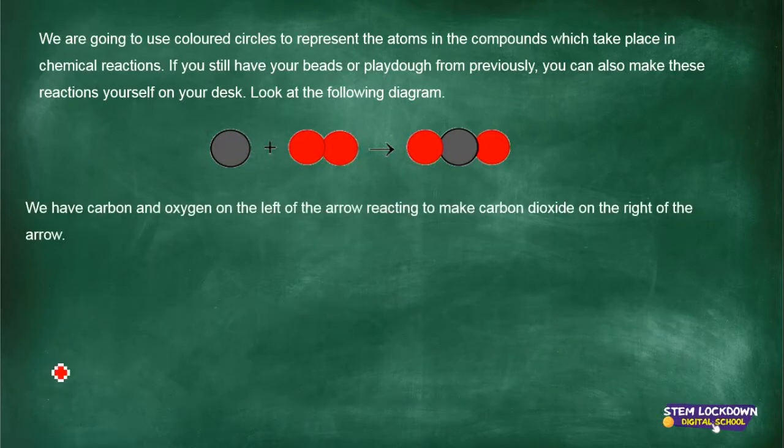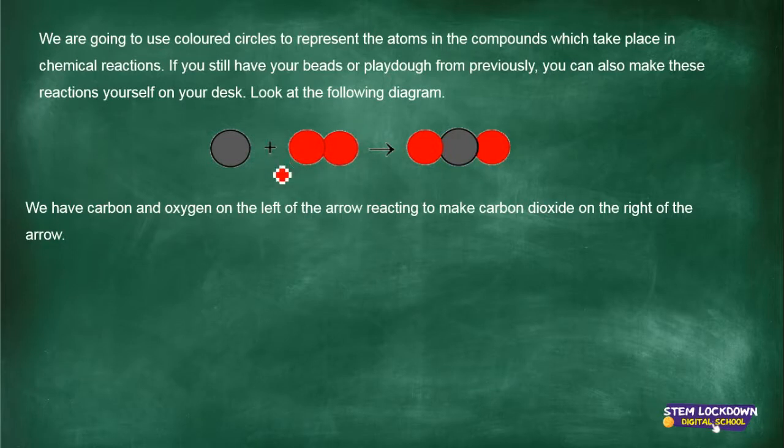We're going to say, if we have carbon and oxygen on the left of the arrow reacting to make carbon dioxide on the right of the arrow. We have carbon here, the gray circle, and we have oxygen. There are 2 atoms of oxygen, which are the red circles.